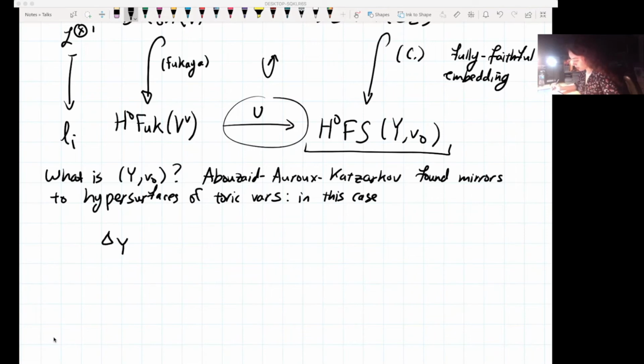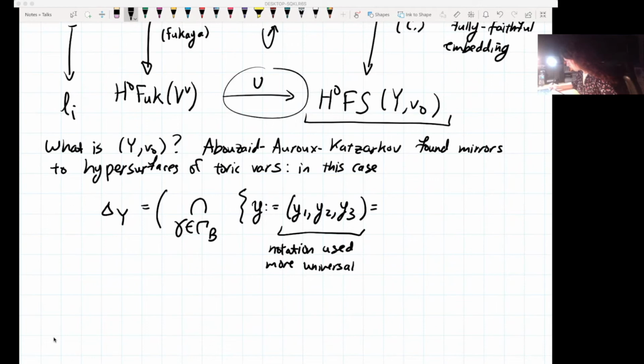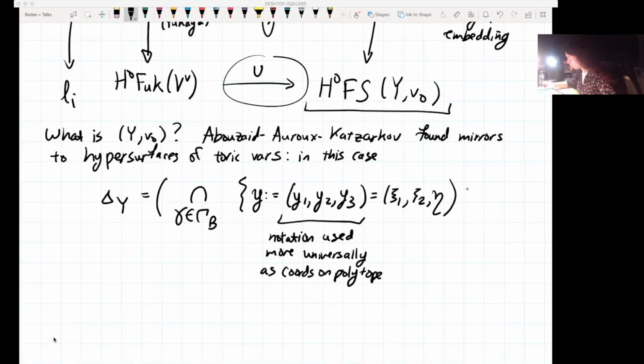Has an points y1, y2, y3. Coordinates. And the way they were C2 a bit different.